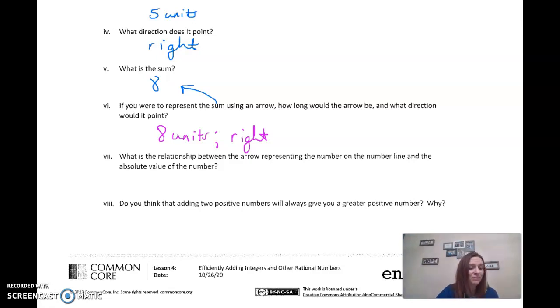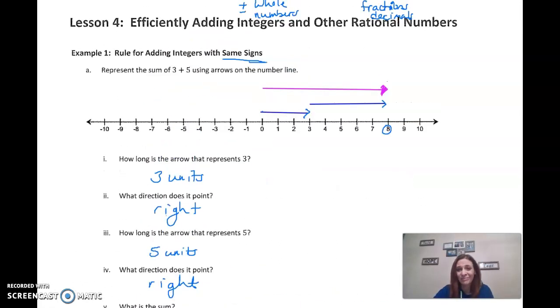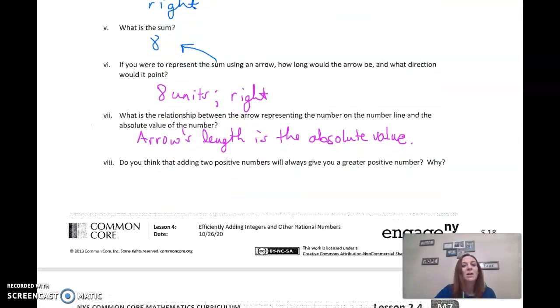The arrow's length is the absolute value. It's 8 units. Distance from 0 is 8. So the arrow's length is the absolute value.